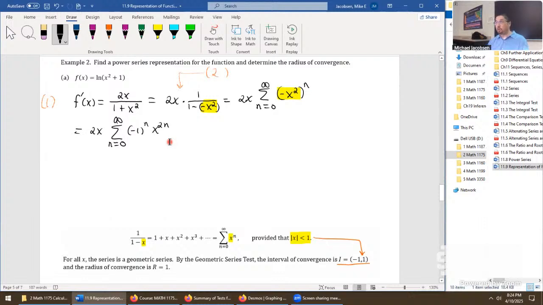And I can imagine no one wants integration by parts on this thing. So just take base x, combine it with that. I'll leave the 2 just hanging on the outside. Oh, and I forgot the 2 after saying that. There's the 2. 2 sum from 0 to infinity, -1 power of n, x to the power of 2n plus the one additional factor that we pulled in over here.